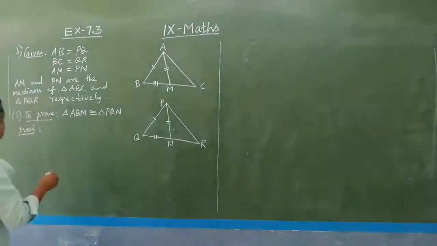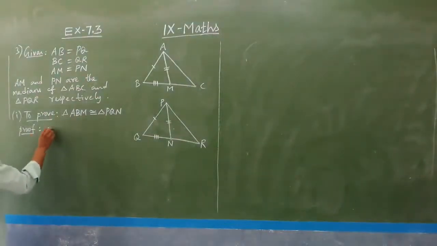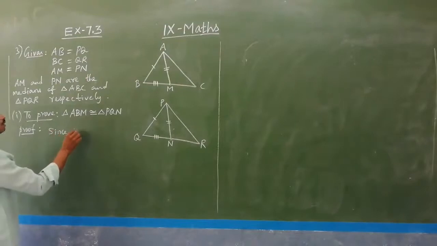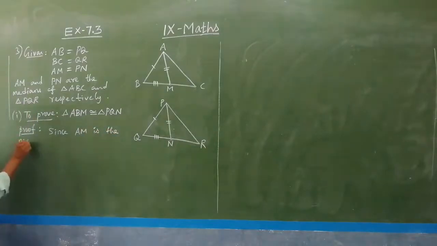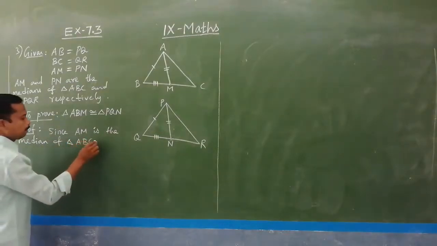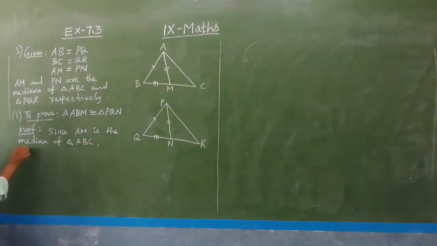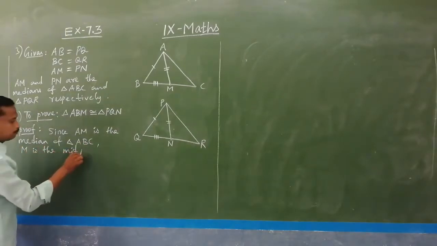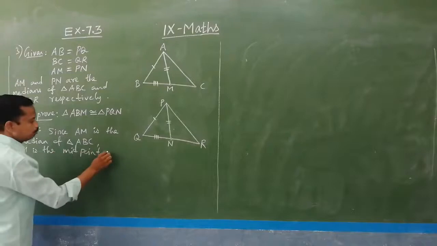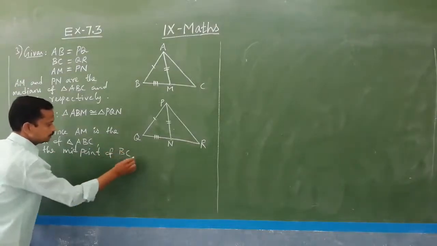Okay. So, in the proof part, since AM is the median of triangle ABC, M is the midpoint of BC.